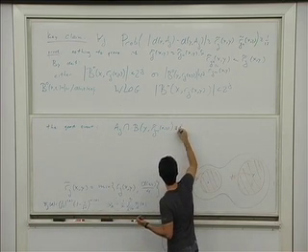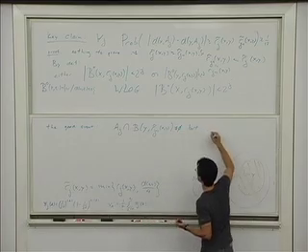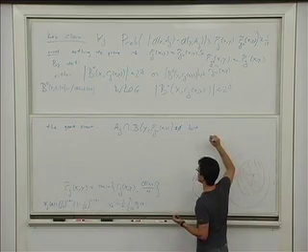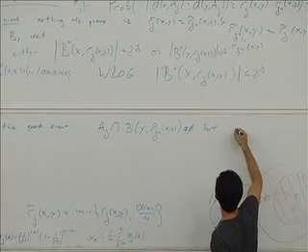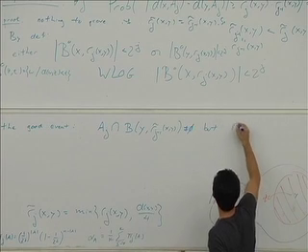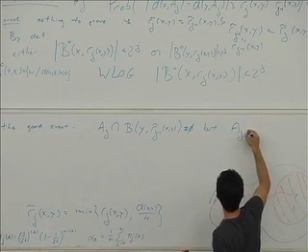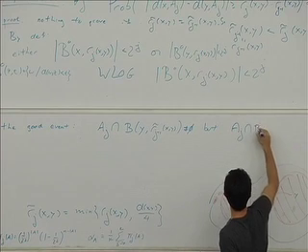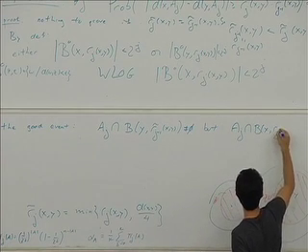So this is not empty, but Aj is disjoint from the ball around x of radius Rj.